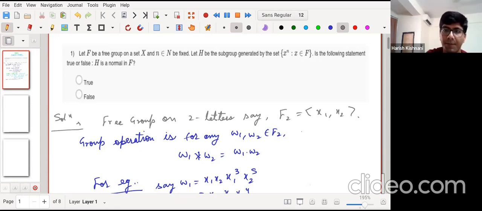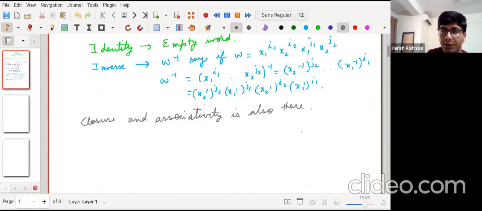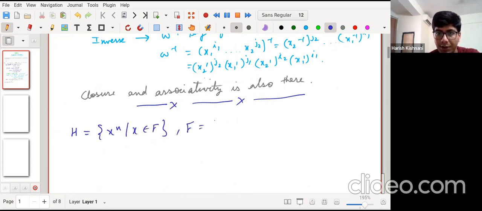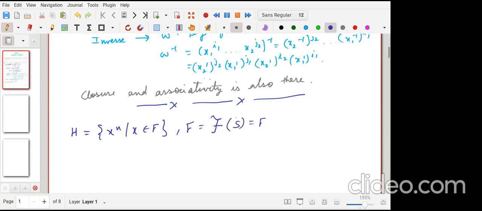So you are given H to be {x^n such that x belongs to F}, and F is the free group on X. I forget the notation we used to denote it.